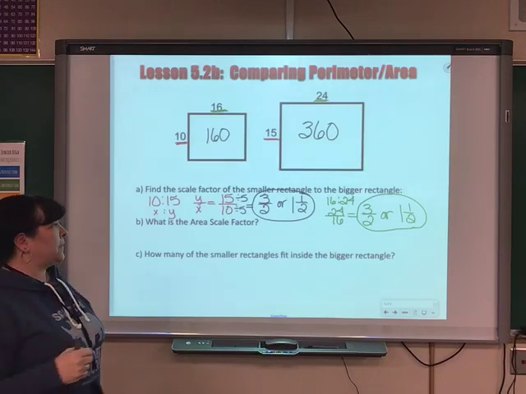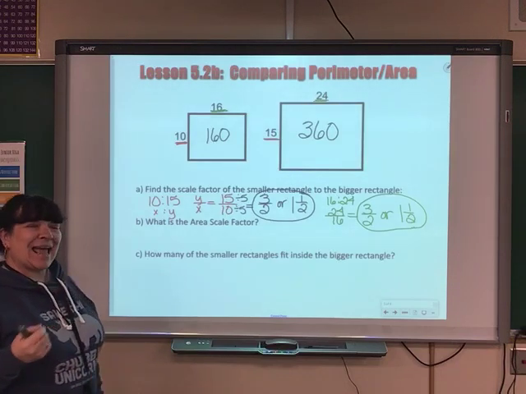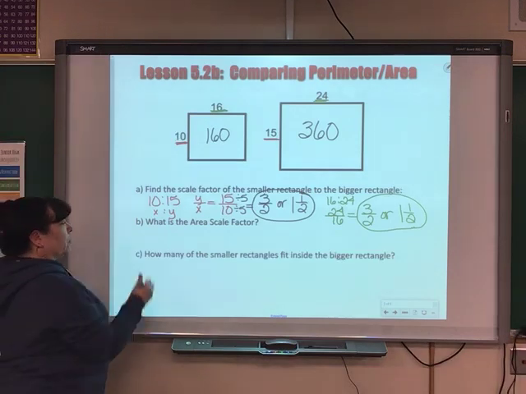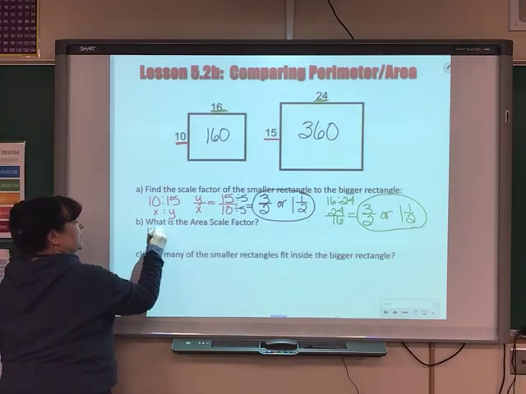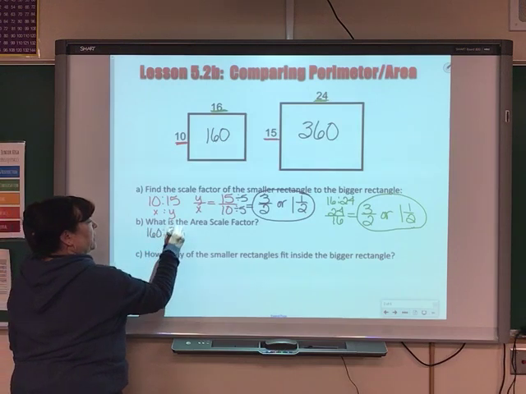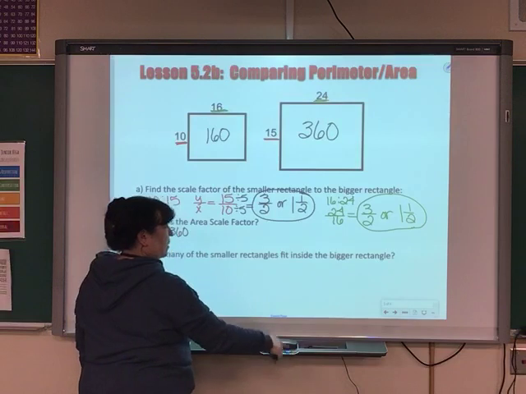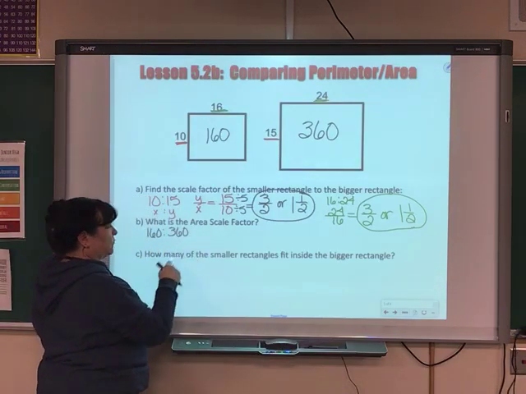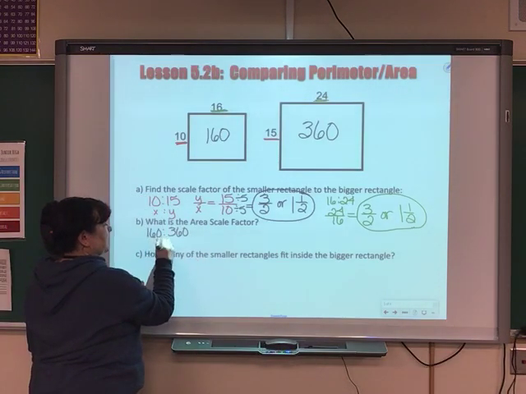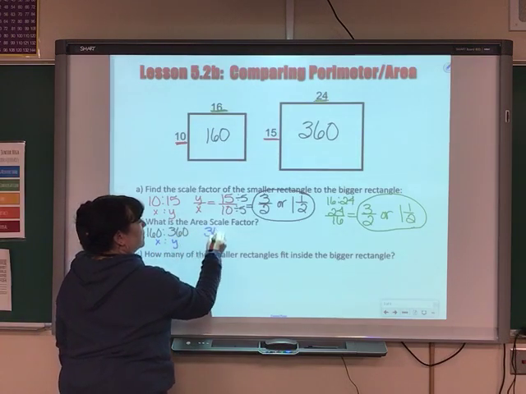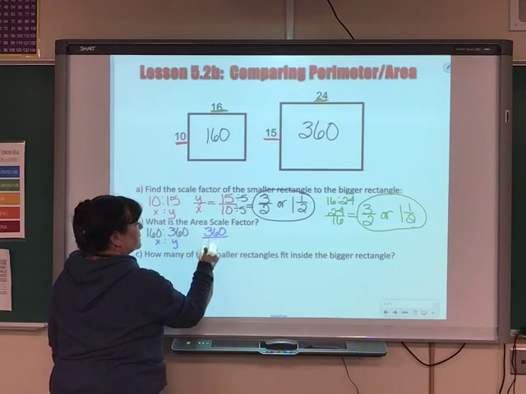I want to make a comparison of that. What is the area scale factor? Well, I'm going from 160 to 360. If I write that as a ratio in fraction form, x is to y, I'm still going to put my y value over my x value.